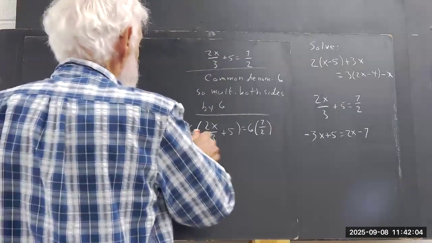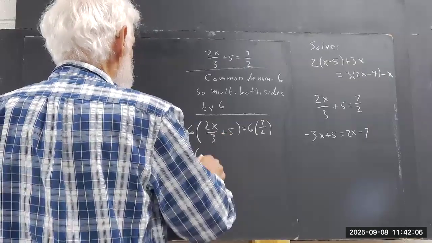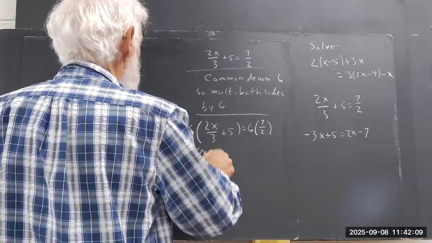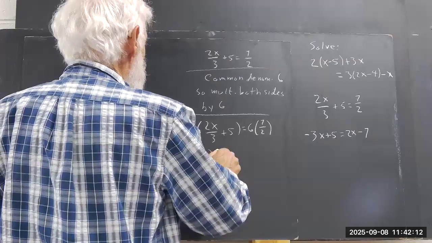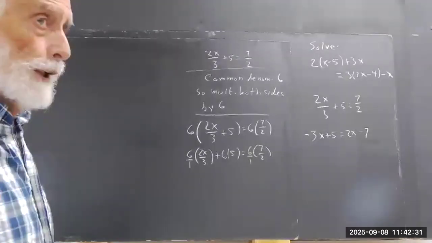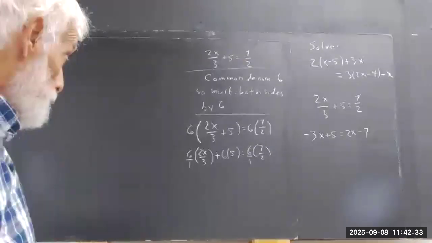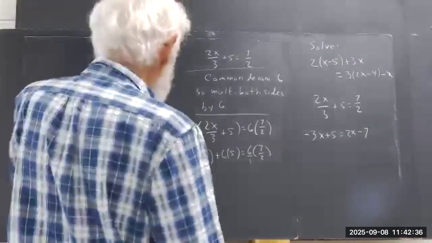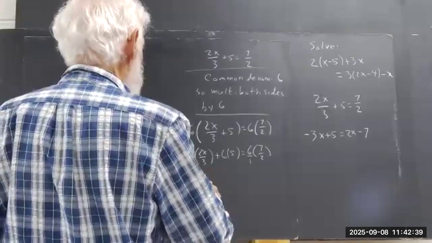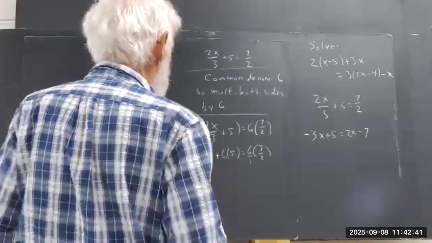Well, just going literally, we write out the distributive law. 6 times 2x over 3, times 6 by 5, because you don't have fractions, and multiply the 6 by 2x to get 12x, and multiply the 1 by 3 to get 3.